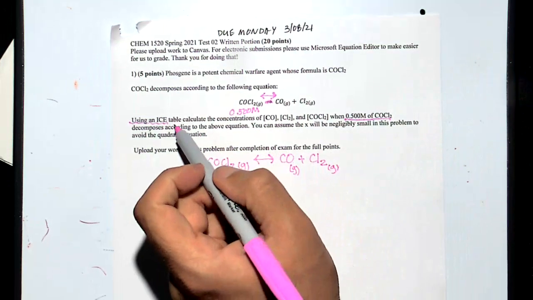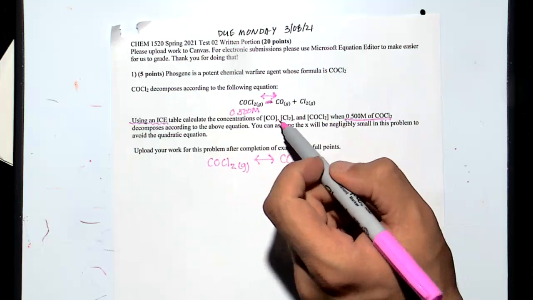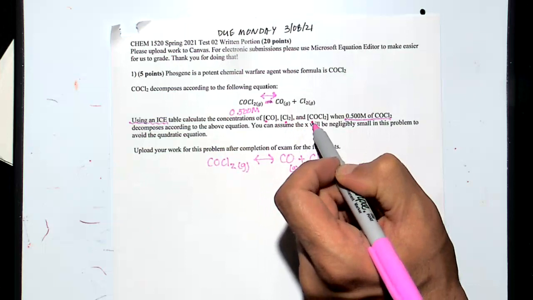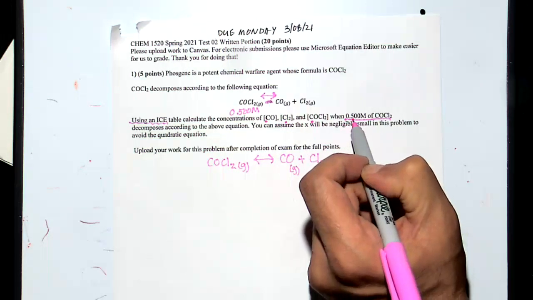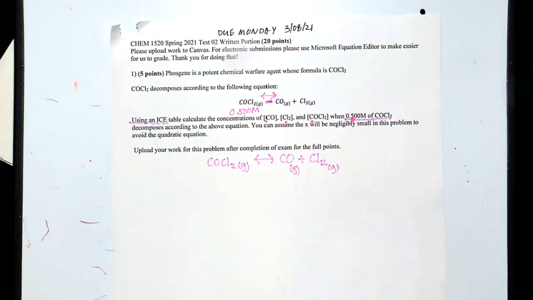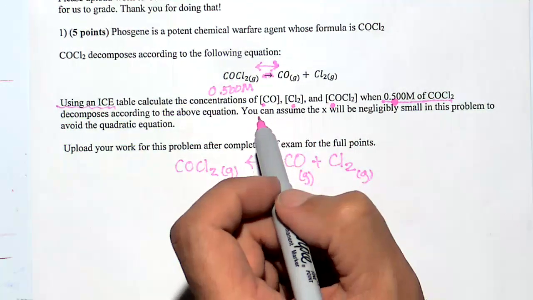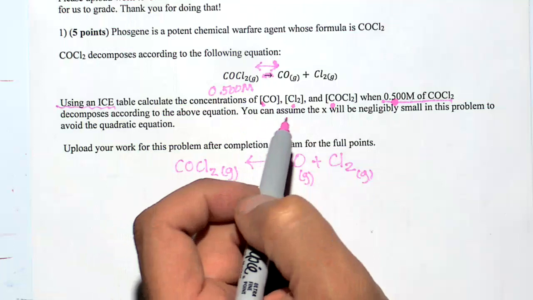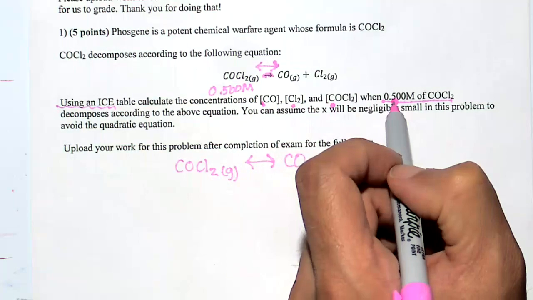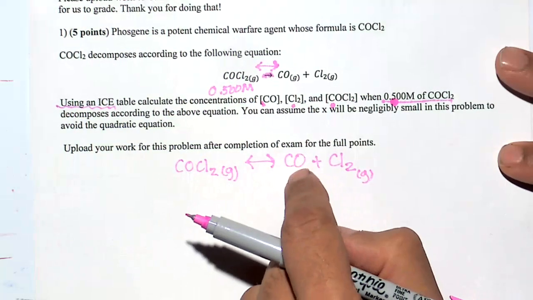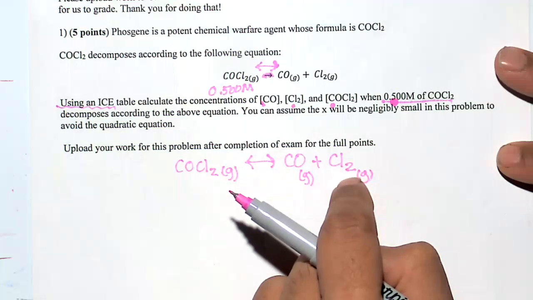Let's read this out together. Calculate the concentration of CO, Cl2, and COCl2 when 0.50 molar COCl2 decomposes. Obviously you're going to have some of this and some of that when it decomposes.